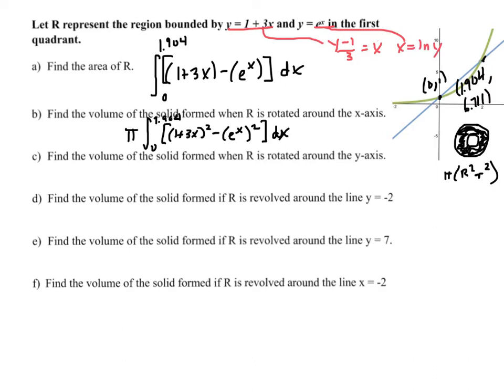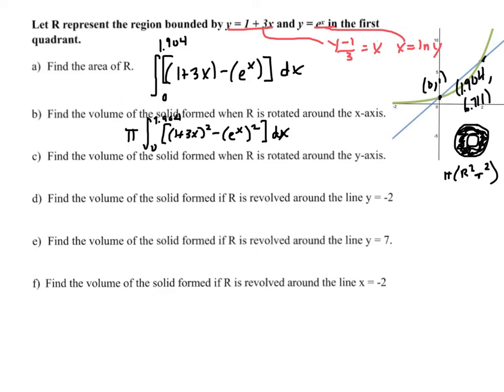So rotating around this axis, we usually say top minus bottom, but what we're really saying is what function is furthest away and makes the biggest radius from the axis of rotation. Well, the natural log is going to be the larger radius.